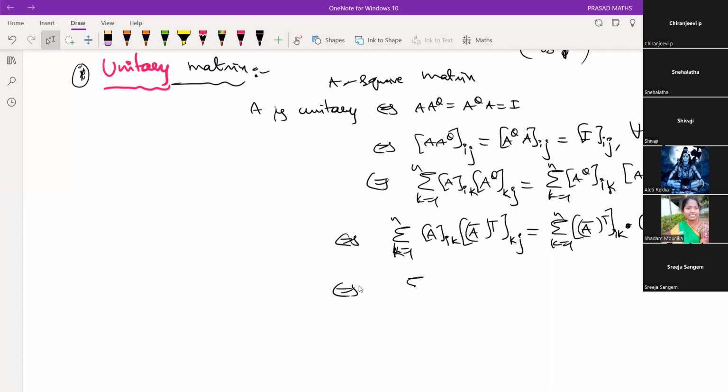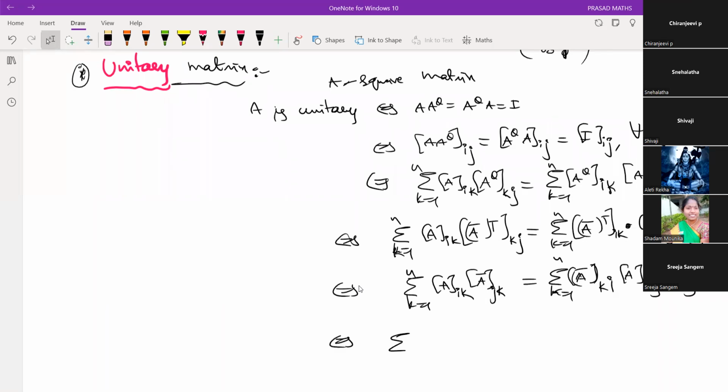But this is the same as saying summation k equals 1 to n of the ikth entry of this times the kjth entry of the transpose, which is equal to the jkth entry of A bar, by definition. Right? This is nothing but the ikth entry of this into this is equal to the canonical delta.